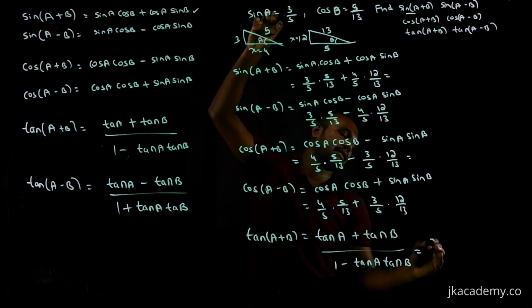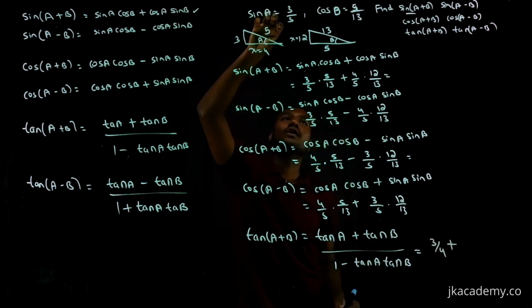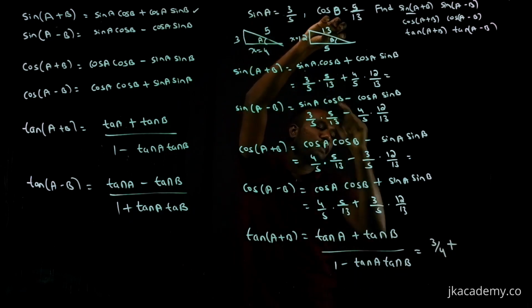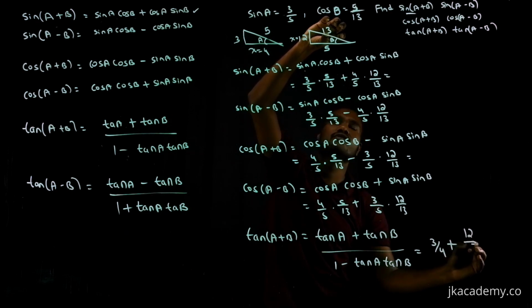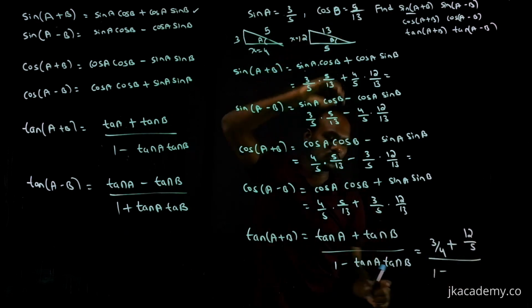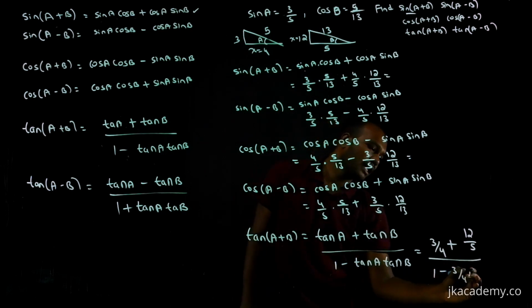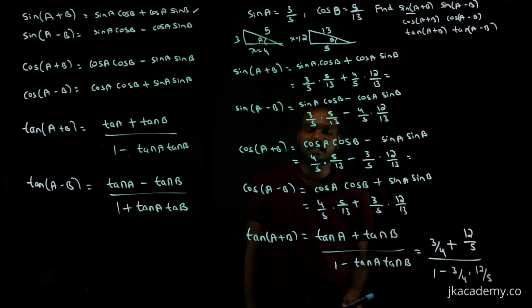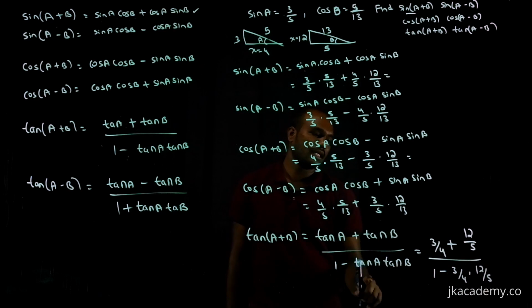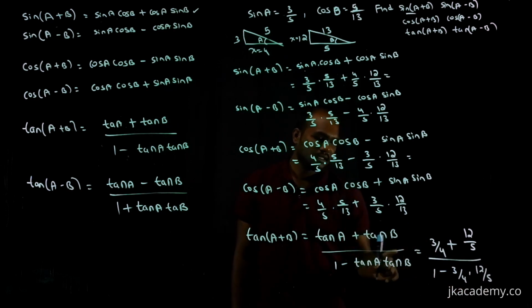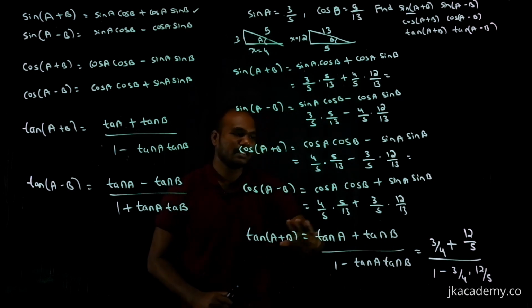Opposite by adjacent, 3 by 4. Plus, what is tan B? Opposite by adjacent, that is 12 by 5. Over 1 minus tan A tan B, 3 by 4 times 12 by 5. Is that cool?